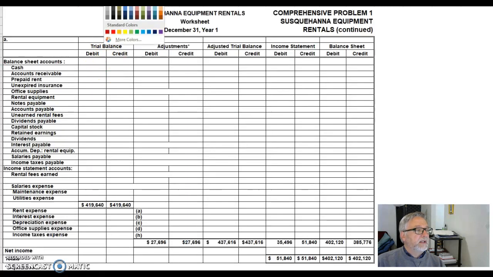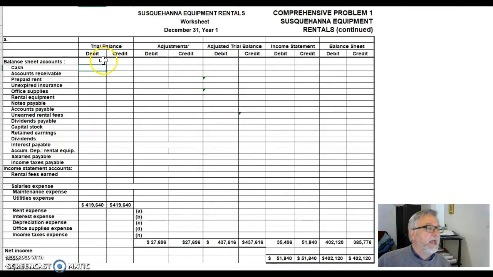Okay, there might be a slightly more efficient way, and in fact, if you were using this sort of worksheet in real life, once you posted the first journal entries, the daily transactions, to the ledger, then you would have moved them over here.